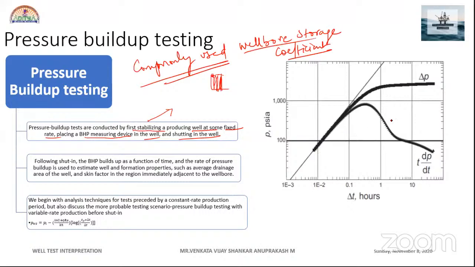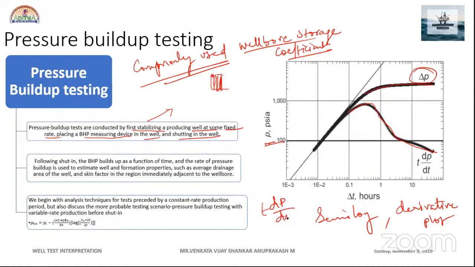If you see the adjacent curve, we are seeing two different branches coming from the actual one. One is a semi-log, the other one is a derivative plot. In the derivative plot, instead of simply taking P, we take t dP/dt.